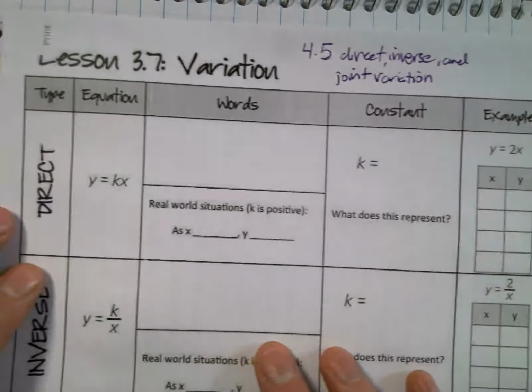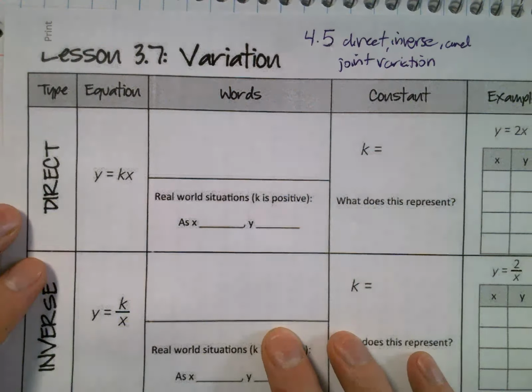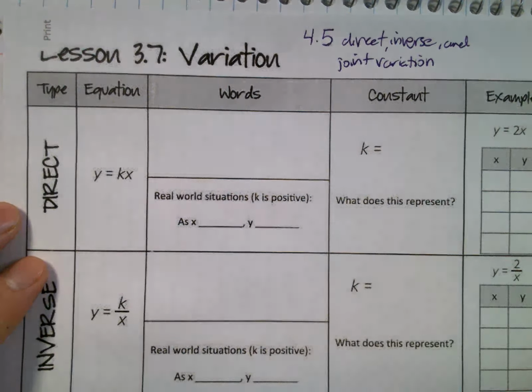Now, direct is y equals kx, which basically means that y varies directly as x.